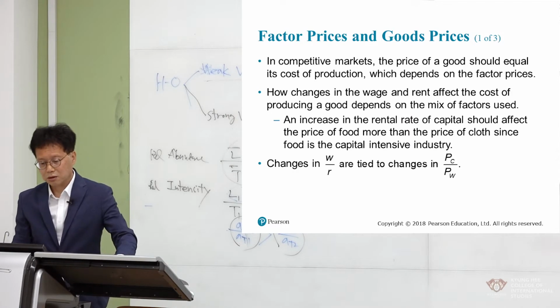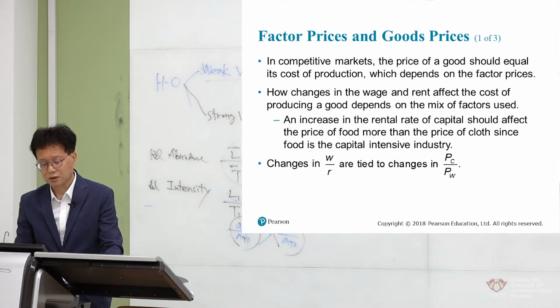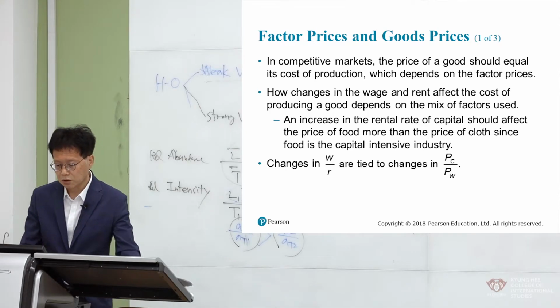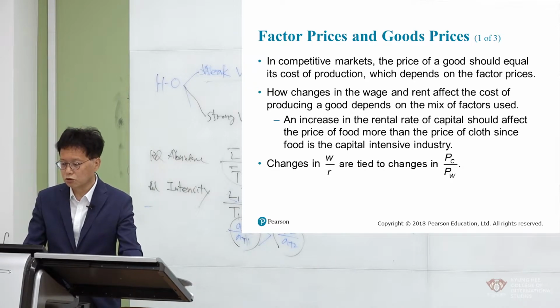Okay, now we go to the next slide, next section: factor price and goods price. In a competitive market, the price of goods should equal its cost of production, which depends on factor price.